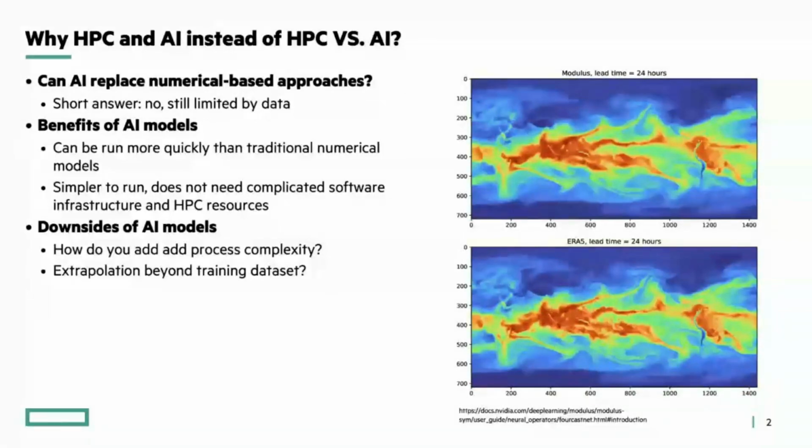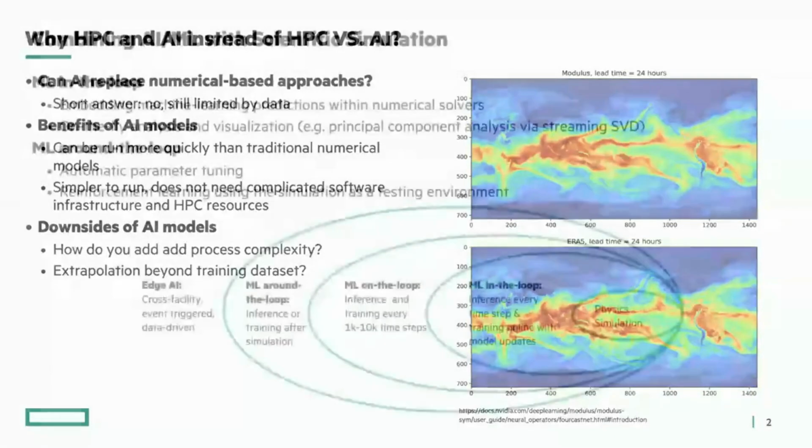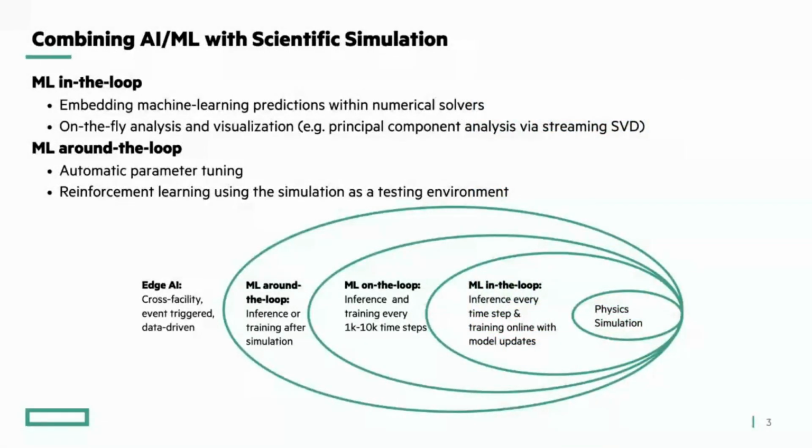And then also that reverse question, where can simulation be useful in the context of AI? And so as we've talked with a lot of our collaborators and all our users, we've realized that we need a taxonomy to talk about how we're combining AI and ML with scientific simulation.